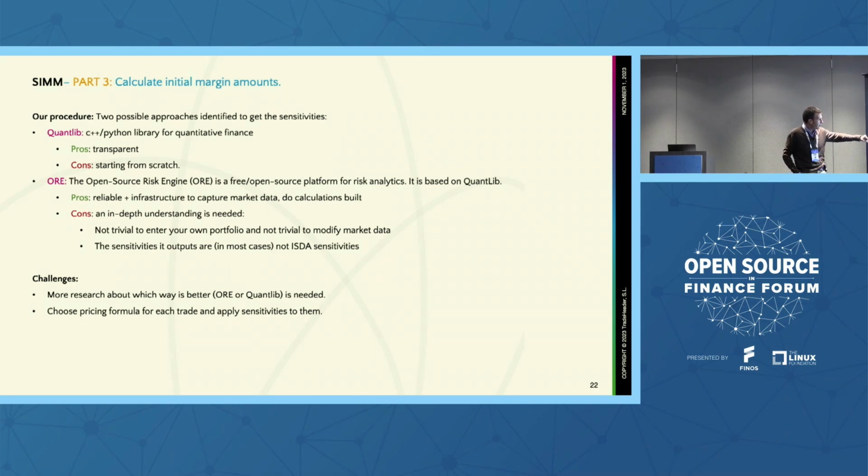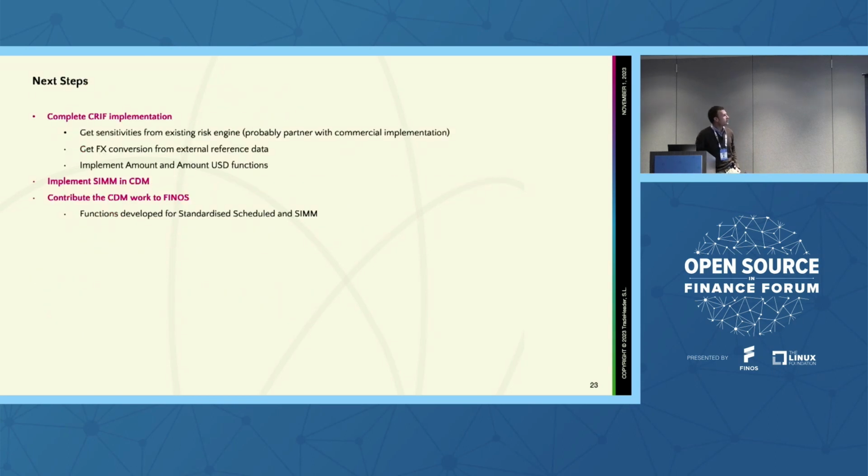And then finally, the other point I wanted to make is next steps. We want to complete the CRIF implementation. We'll use the risk engine, probably ORE, to complete the full end-to-end process. We need to get FX conversion with some external reference data to be able to get the amounts in USD for the trades that are not USD based.